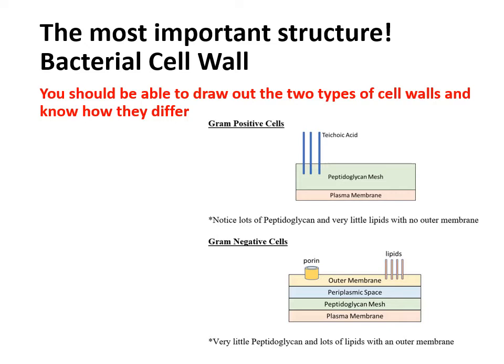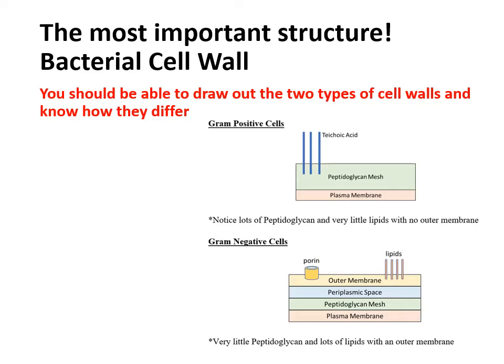Gram-positive cells, you'll notice, have a thick layer of peptidoglycan. And what peptidoglycan is, if you remember from one of our previous lectures, is a carbohydrate structure. Okay, it's carbohydrate with some peptides thrown in as a network. You'll see a picture of it in a slide or two.